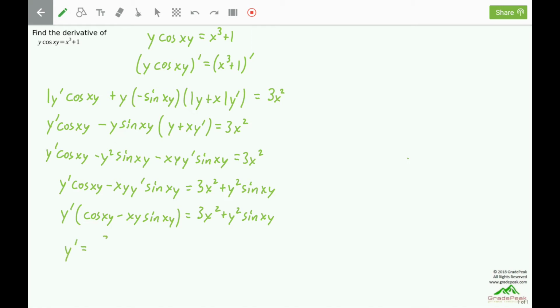Y prime will then equal 3x squared plus y squared sine of xy, the entire thing over cosine of xy minus xy sine of xy. There's our derivative y prime.